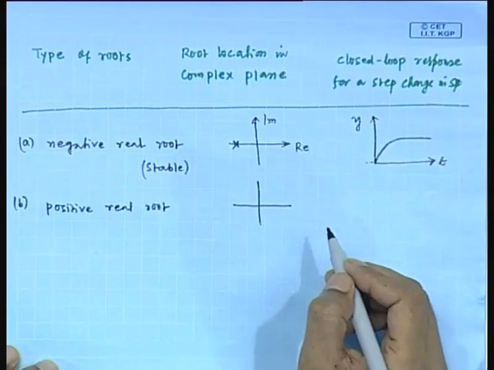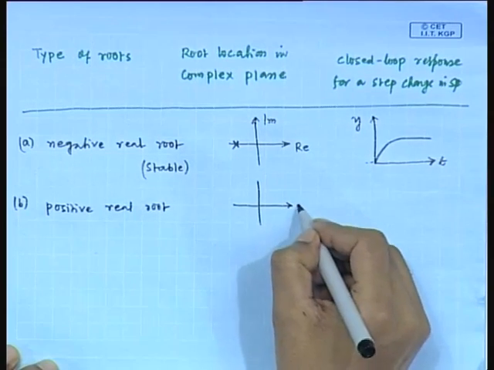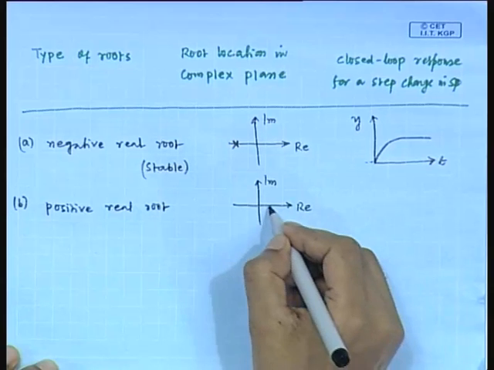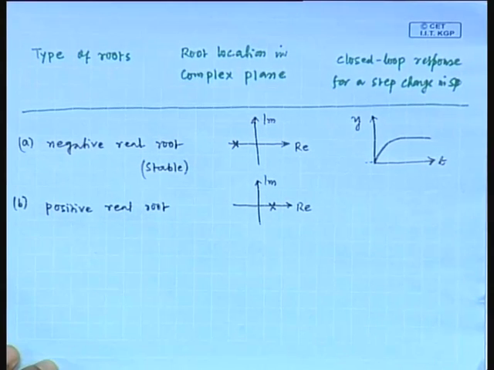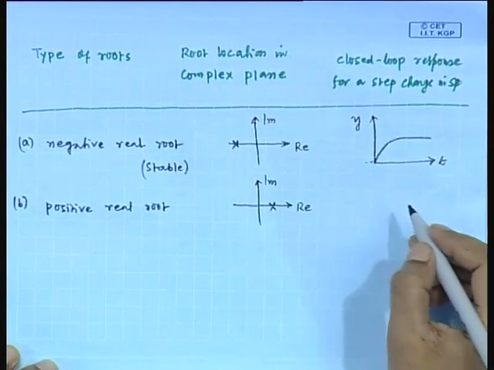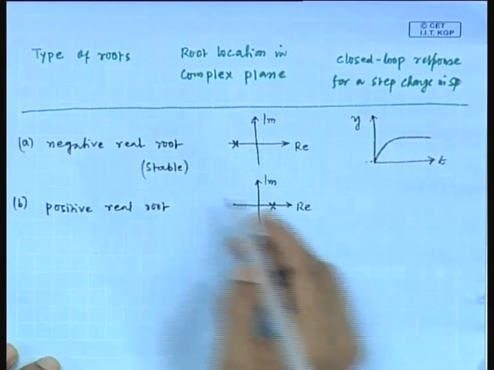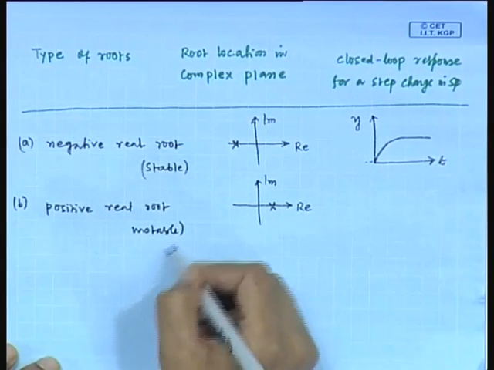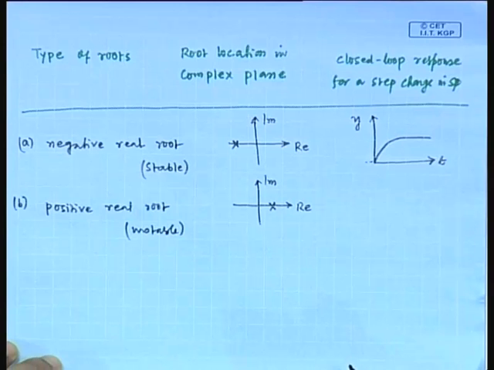Now, we need to locate that root in the complex plane. This will be the location, positive real root. So, is this stable or unstable? This is unstable. Since the root has positive real part, the feedback control system is unstable.